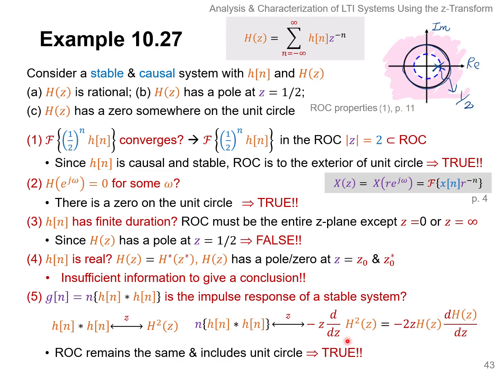These operations do not move the unit circle from the region of convergence. The unit circle is still included, so the new system is still stable. This statement is true. Please remember that sometimes there are things we cannot decide. There's not enough information. Just like this.